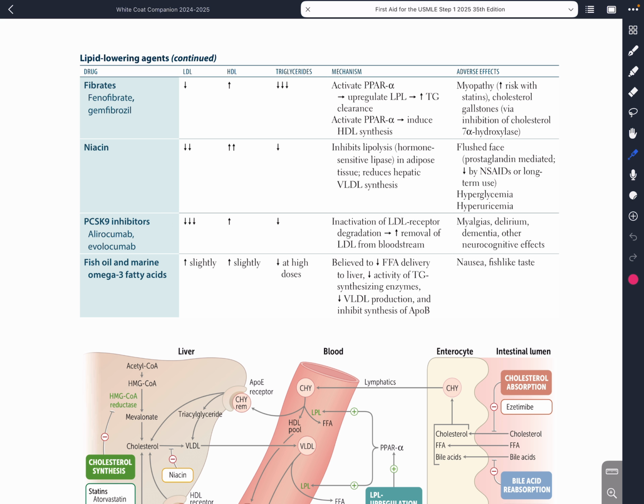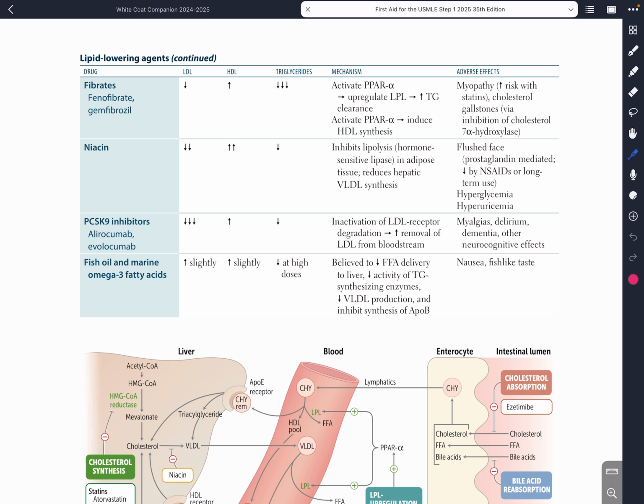Another lipid lowering agent is fish oil and marine omega-3 fatty acids. These are over the counter garbage. You can even find them in Walmart or any local pharmacy. They slightly increase LDL, increase HDL, and slightly decrease triglycerides at high doses. This is why I call it garbage, because it doesn't do anything. It is believed to decrease free fatty acid delivery to the liver, but there is no proof.